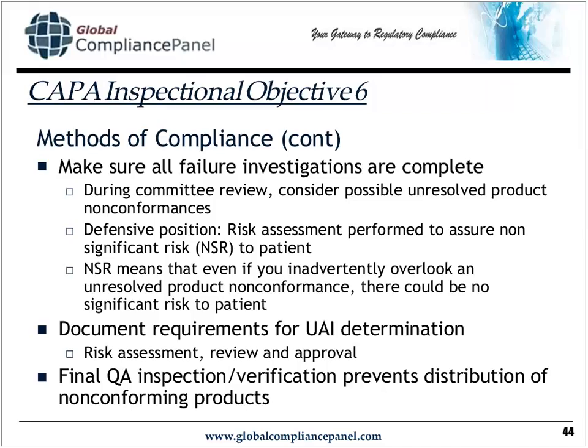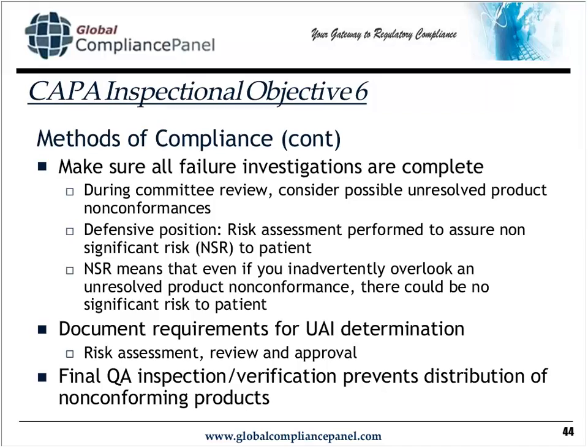When you conclude that you have NSR, non-significant risk, what you're saying is that even if you inadvertently overlook an unresolved product nonconformance, as you can see two bullet points up, there's still going to be no risk to the patient, because you've looked at the reported failure investigation and its conclusion, and you've determined whether there is a significant risk to the patient.